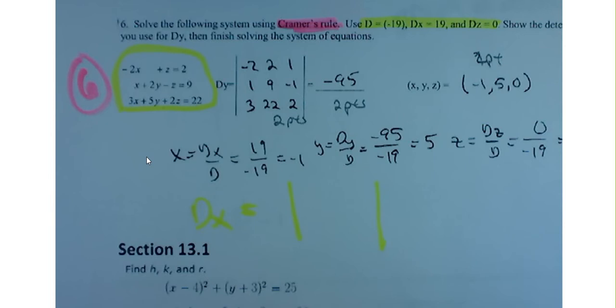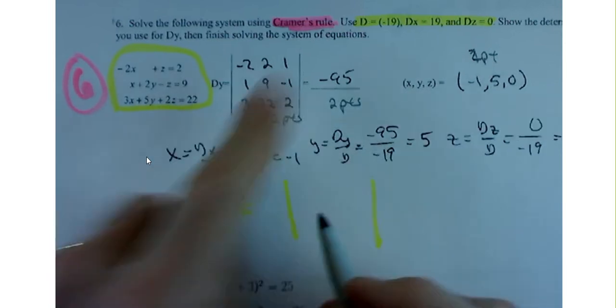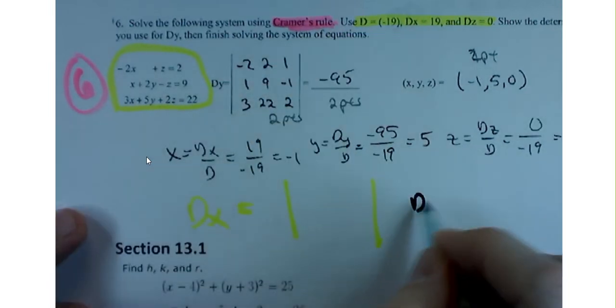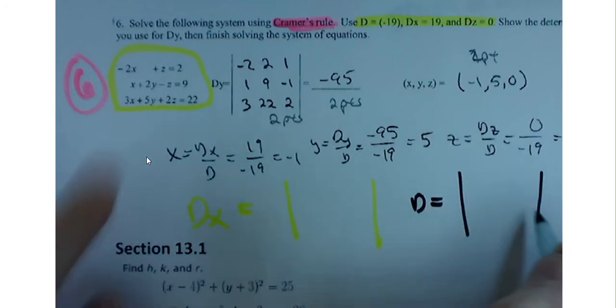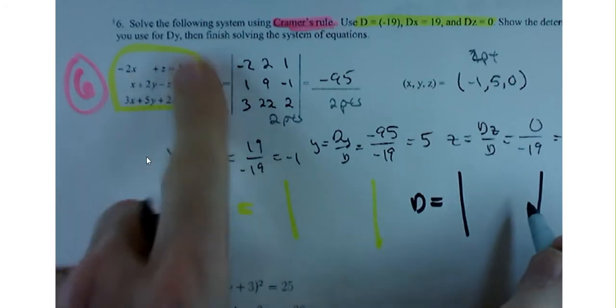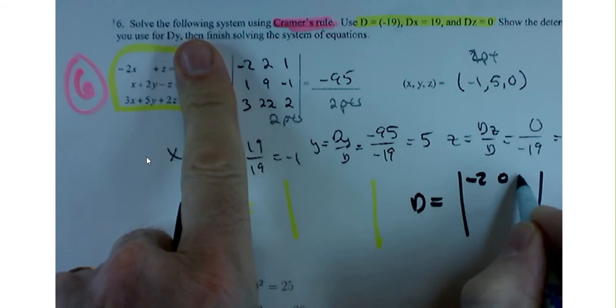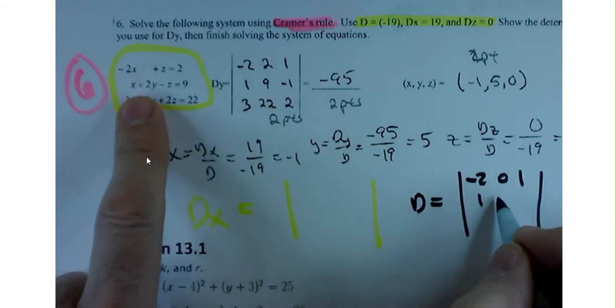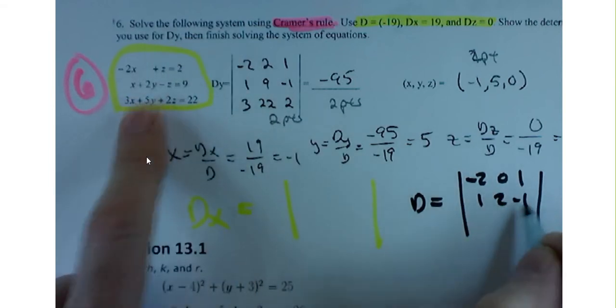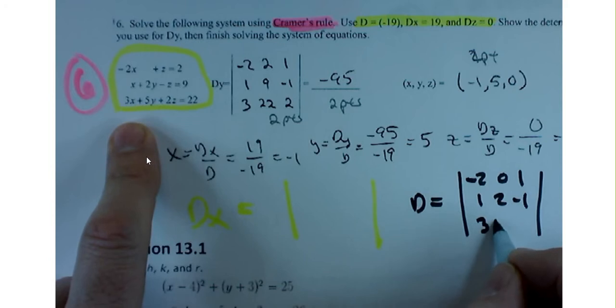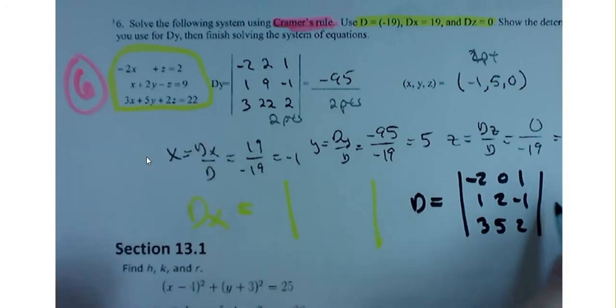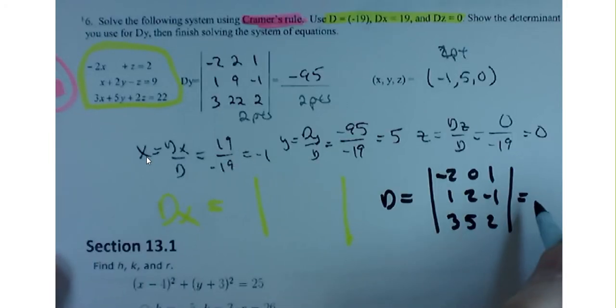So I'll give you a little reminder here. The way you get D is you take the determinant of all these coefficients on the left-hand side. So it would be -2, 0, and 1, 1, 2, -1, 3, 5, and 2. And if you did this determinant, you'd end up with -19.